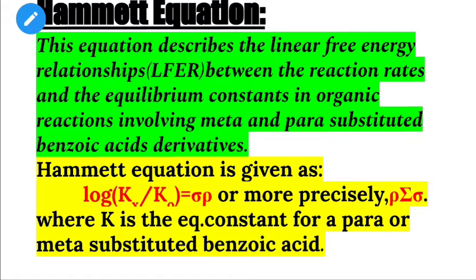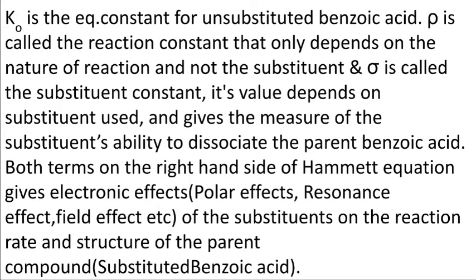The Hammett equation is given as log kx/k0 = σρ, where kx is the equilibrium constant for the para or meta substituted benzoic acid, and k0 is the equilibrium constant for unsubstituted benzoic acid.